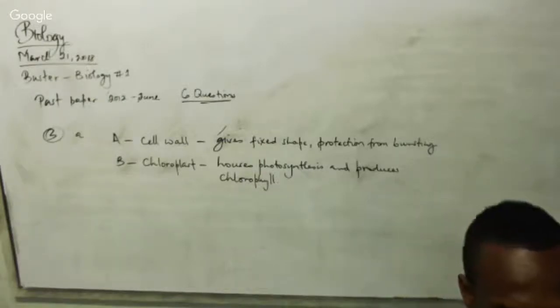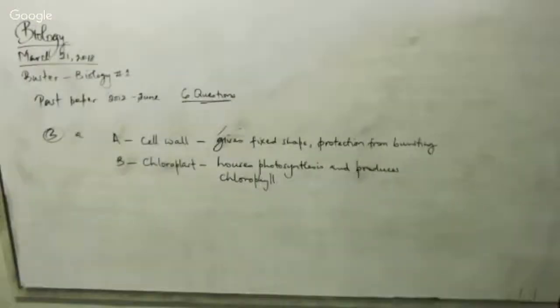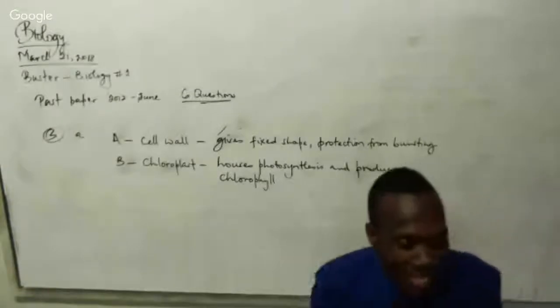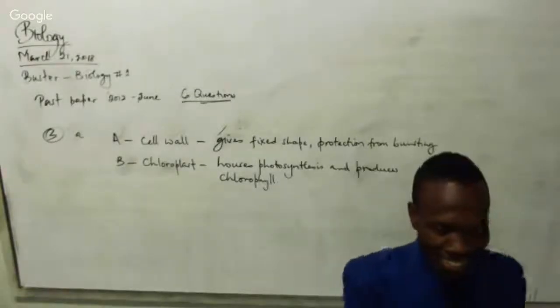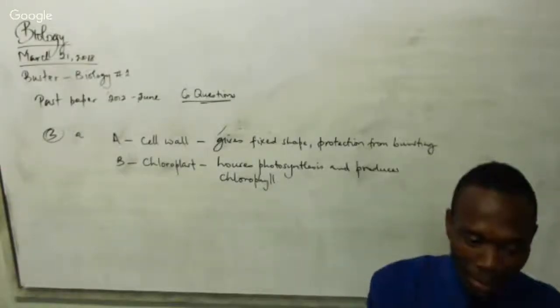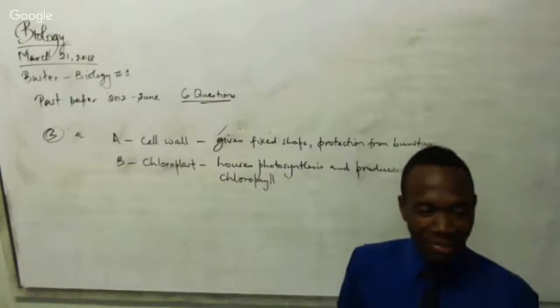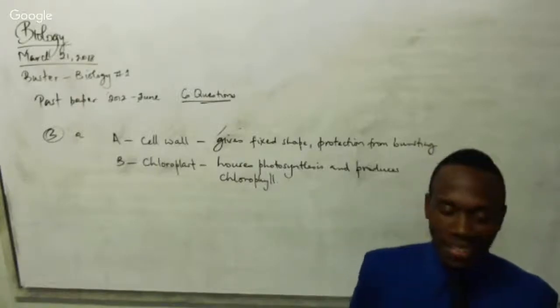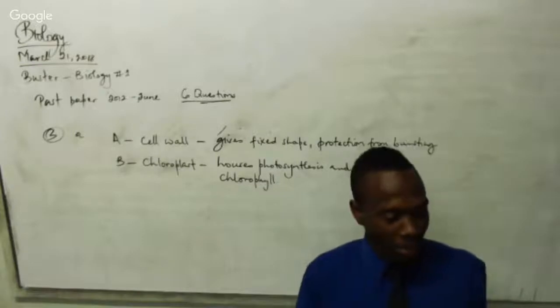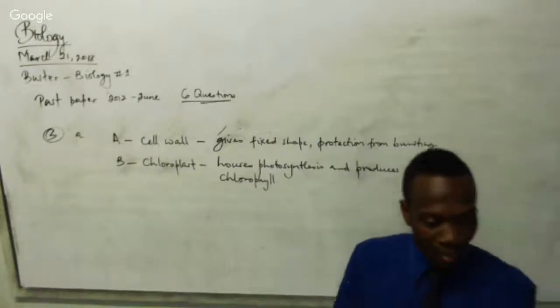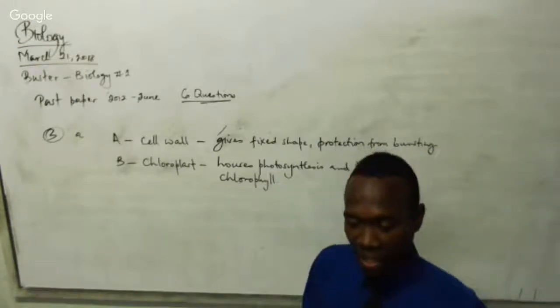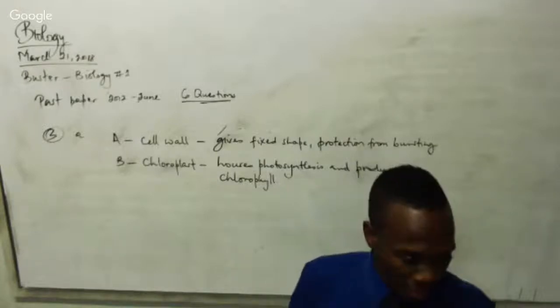You remember that word, plasmolysis? I drew it in class. It is flaccid, but because it's a plant cell, we describe a flaccid plant cell as plasmolysed.